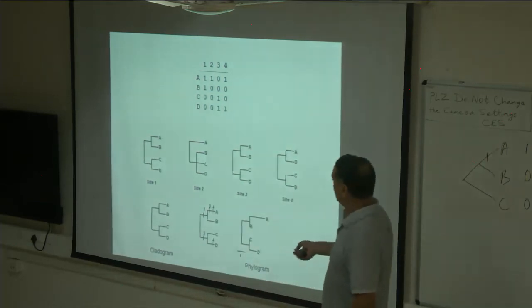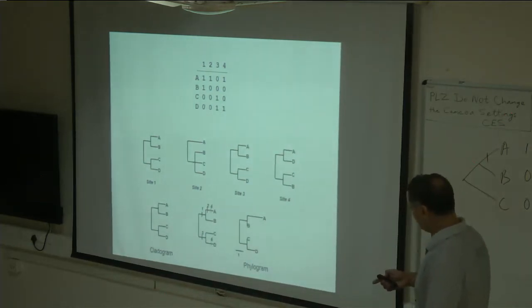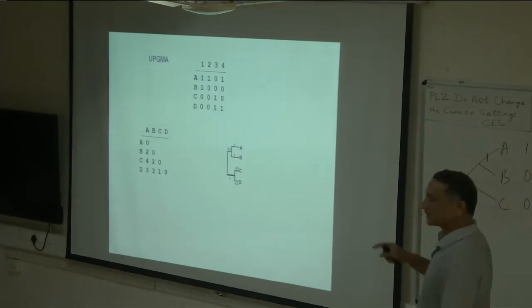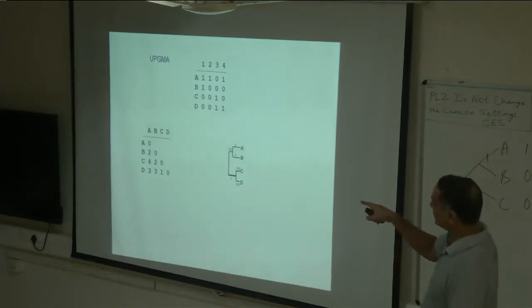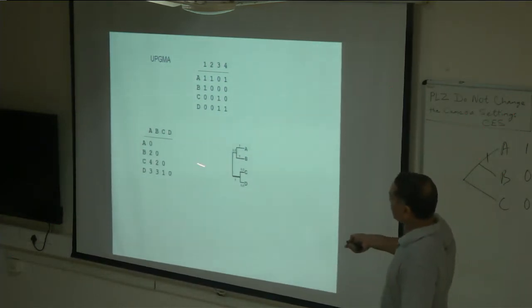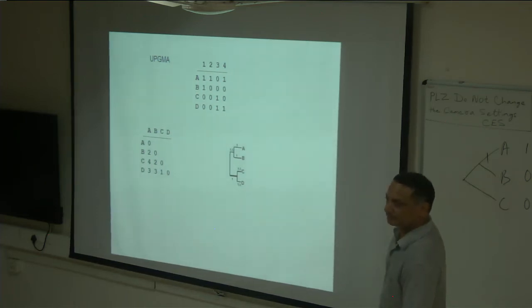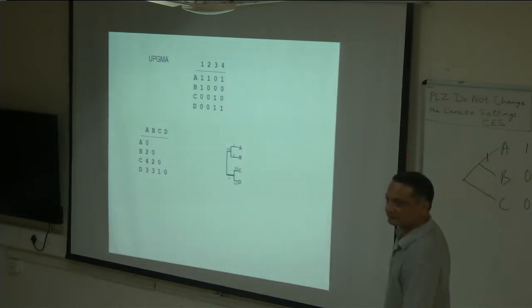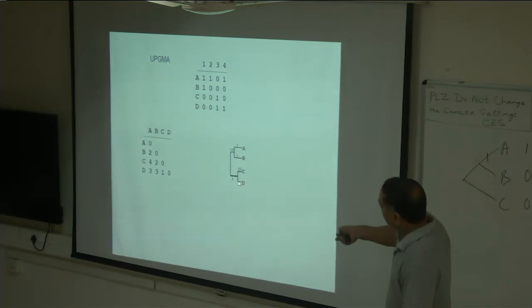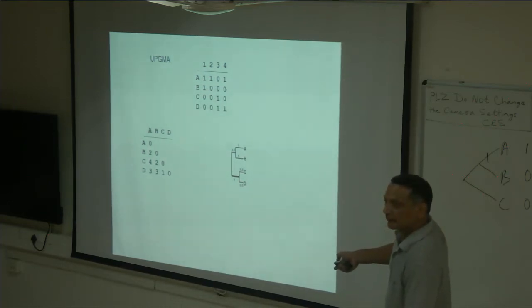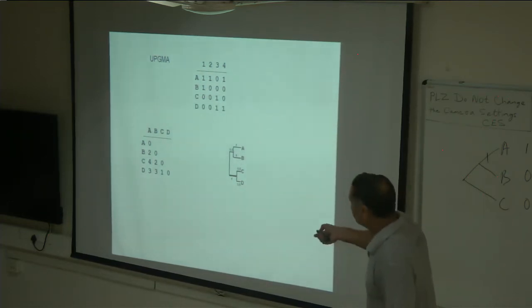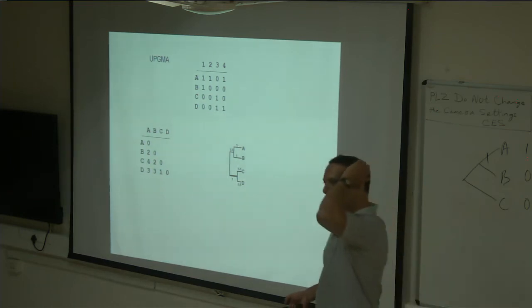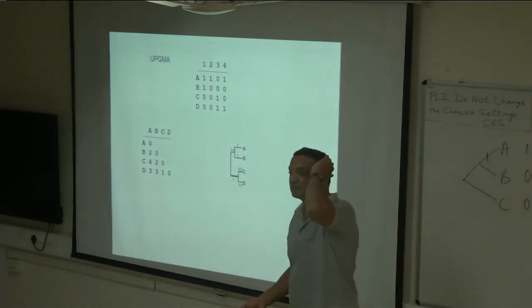Okay? All right, so for the same data set, the tree would look like this in case of UPGMA. And look at that, in UPGMA and cladogram, we are getting the same topology. Sometimes you do get the same topology, but often you don't.